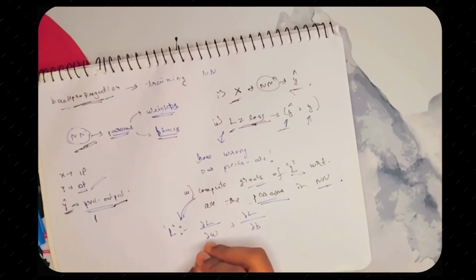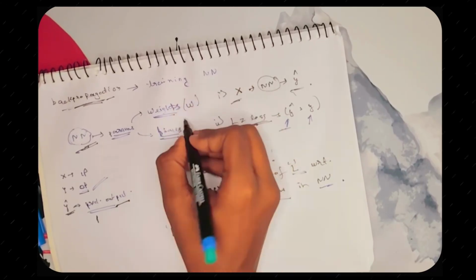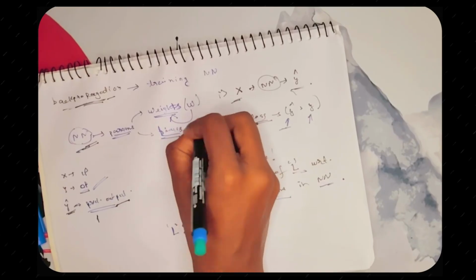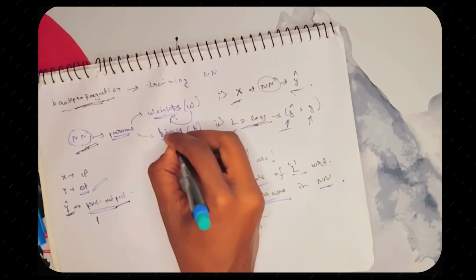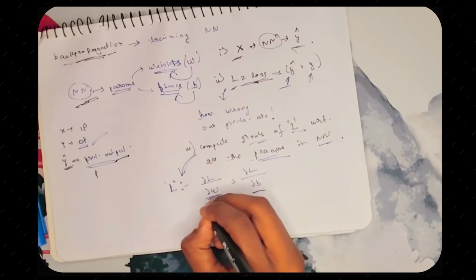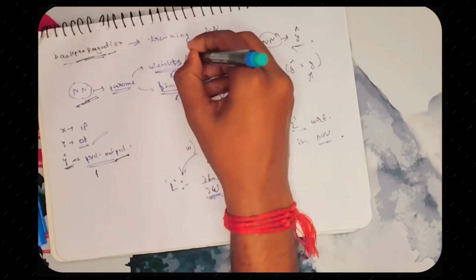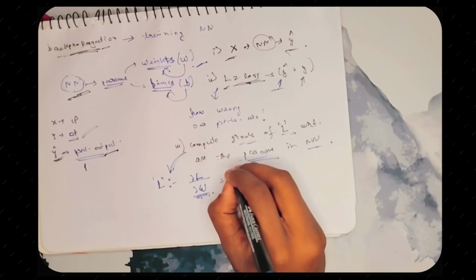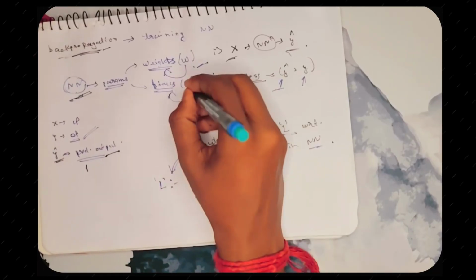Alright, now what is this? Let me say my W represents all the weights in my neural network, and my small b represents all my biases in the neural network. Then we basically compute this. This is the gradient of loss with respect to W, which is all my weights in the neural network. And this is my gradient of loss with respect to b, which is all my biases.